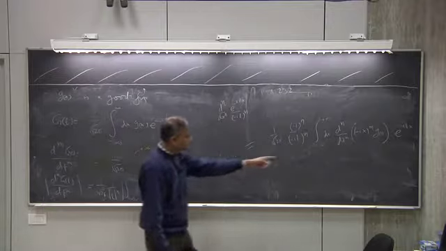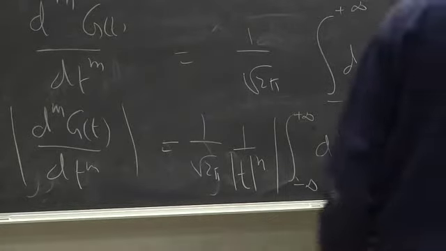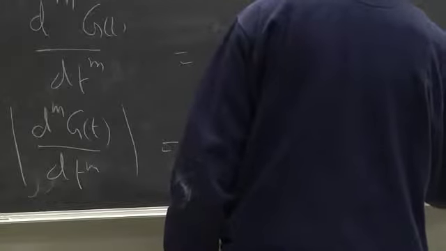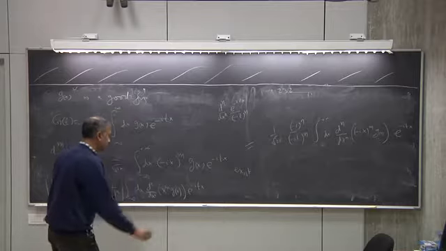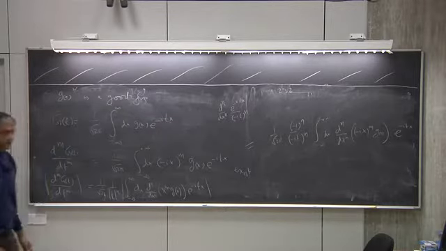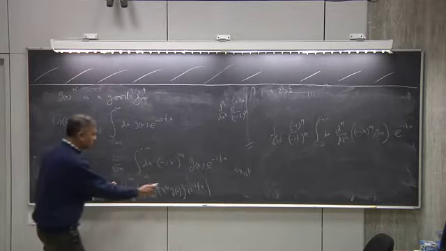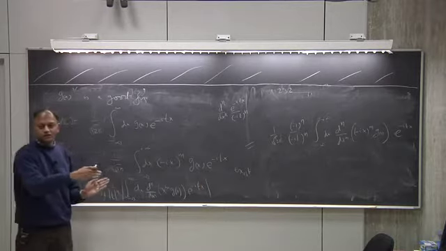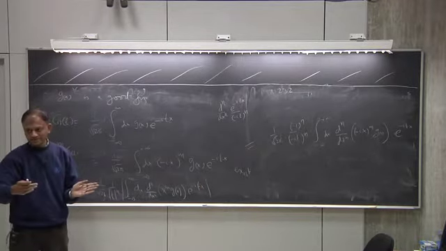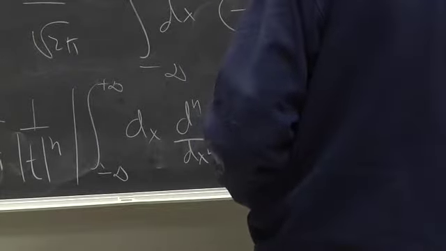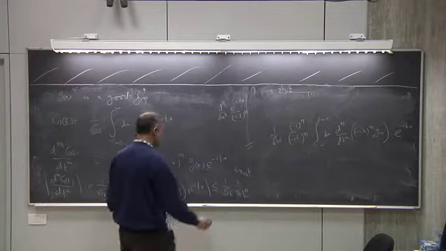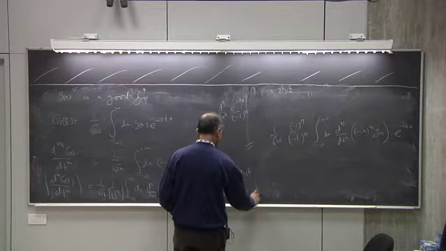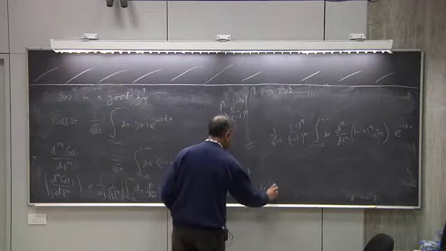Since I am taking the modulus, I can forget about the minus i, so you get x to the m g of x, e to the minus itx dx. But then you use the fact that the modulus of an integral is less than or equal to the integral of the modulus. So this is less than or equal to 1 over root 2 pi times 1 over t to the n times just the integral dx of the modulus of this.